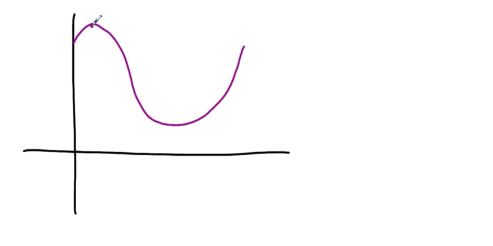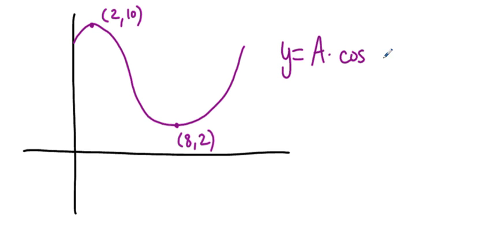So let's pretend that this is 10 and this is 2, and the equation of the graph is of the form y equals a cosine of b times x minus c, plus d.